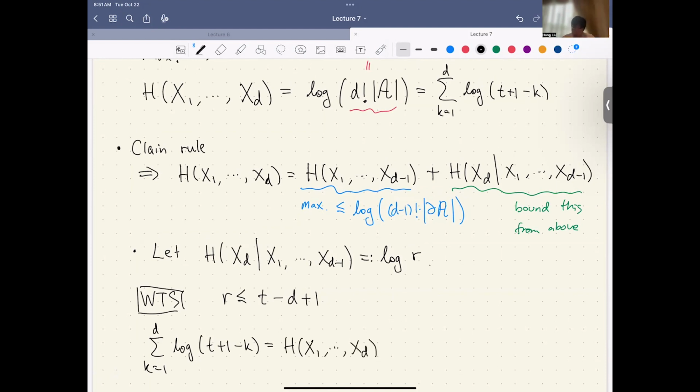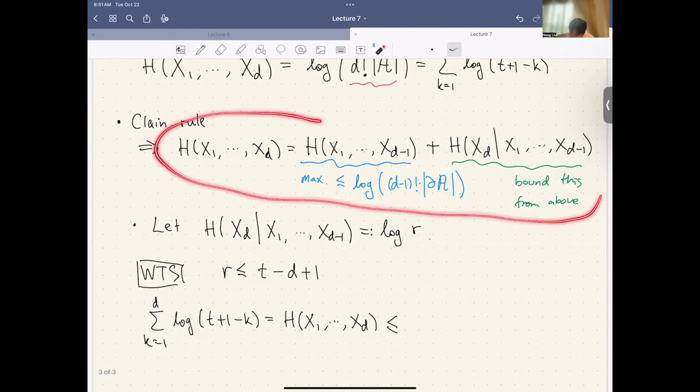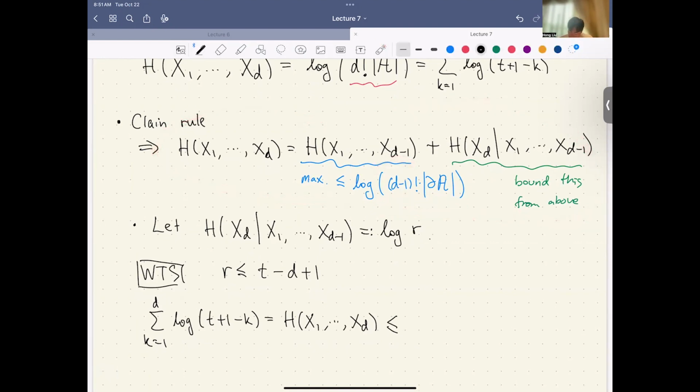We can estimate it by maximality. We also know that this is at most, when we write it as the chain rule, the first term by maximality, log of d minus 1 factorial times the shadow of A, plus the second term, which is log r. But we know r, by our claim here, is at most t minus d plus 1. So we plug in here.